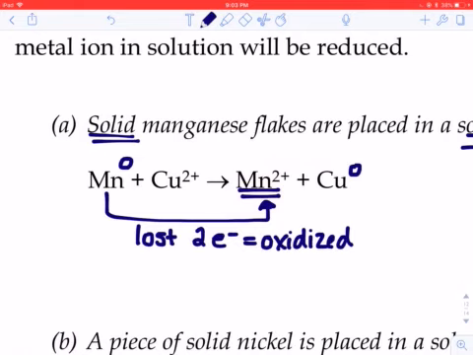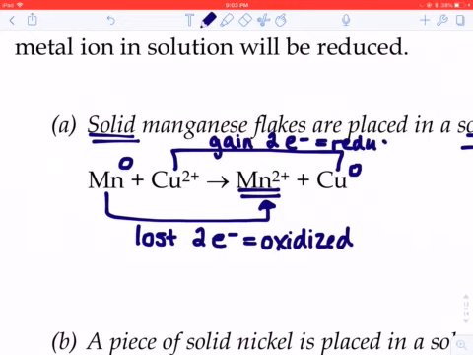Neutral. So if the copper on the left used to be positive 2, now it's neutral. The copper must have gained 2 electrons along the way.